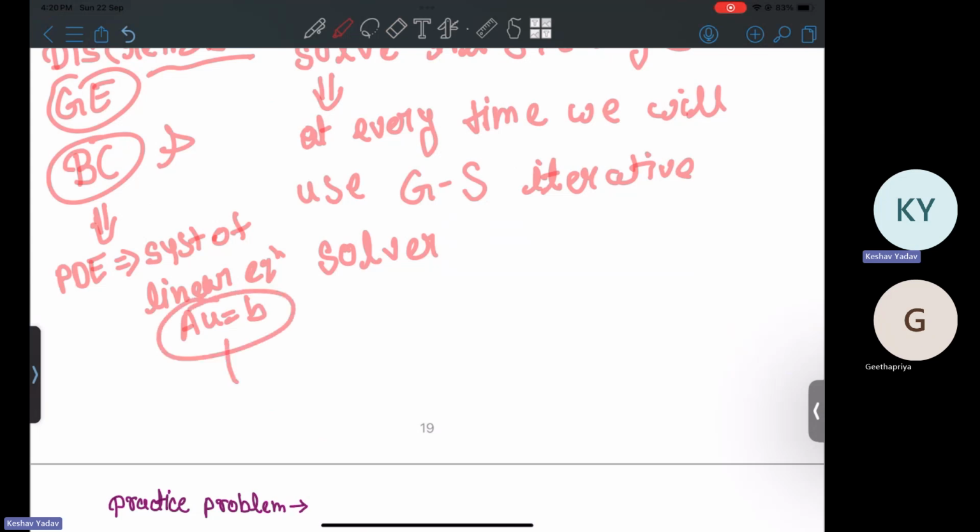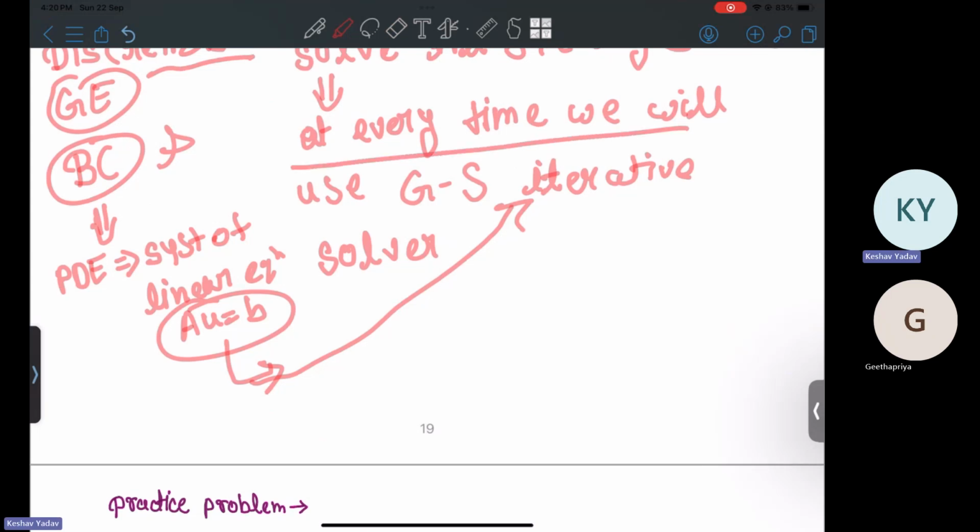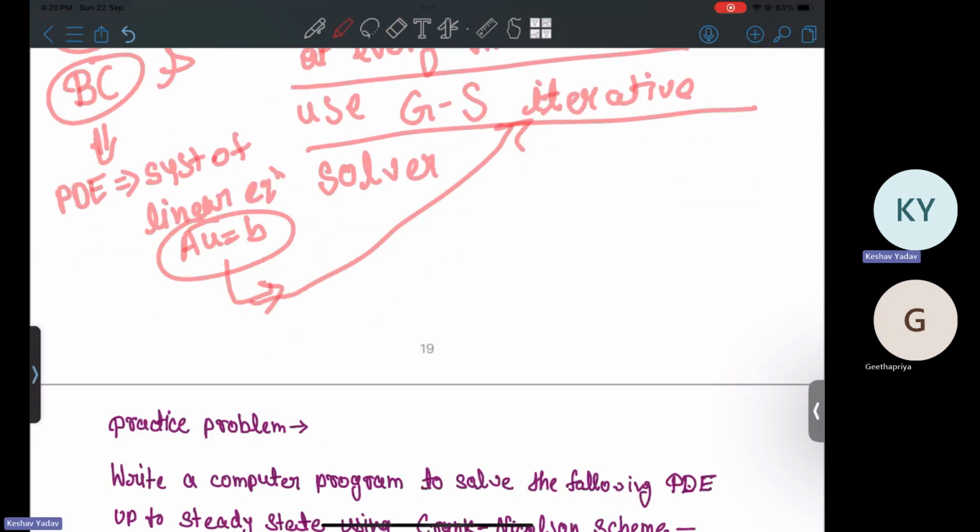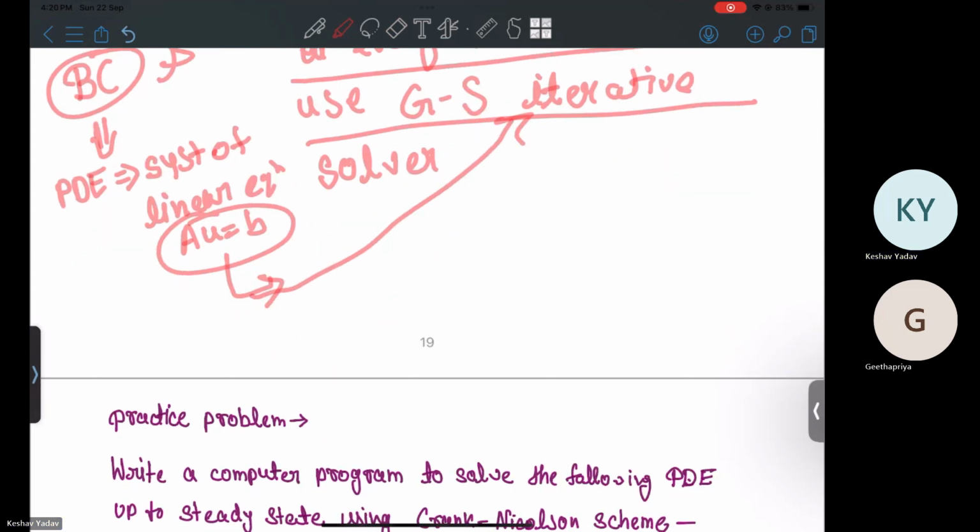Then we will use the Gauss-Seidel iterative solver at every time step to solve the problem. We will do this till we reach the steady state.